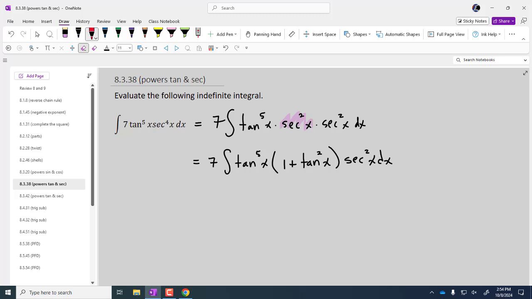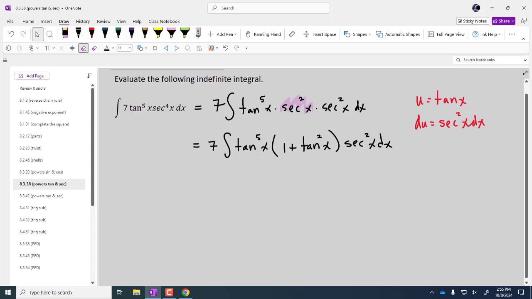And now we're going to let u be tangent. So du is going to be secant squared of x dx. And that's going to unravel very nicely.